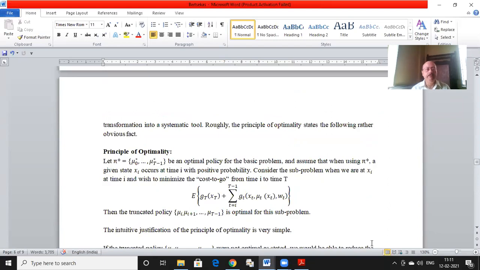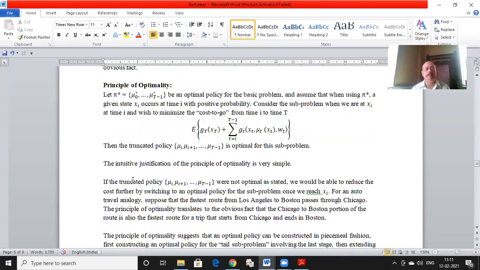And the principle of optimality simply says, it's a very intuitive statement. Let pi star be this vector of optimal policies, mu star 0 to mu star T minus 1. Assume that when I'm using pi star, a state xi occurs at some time i with positive probability.